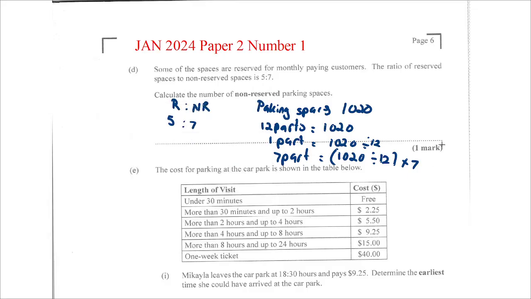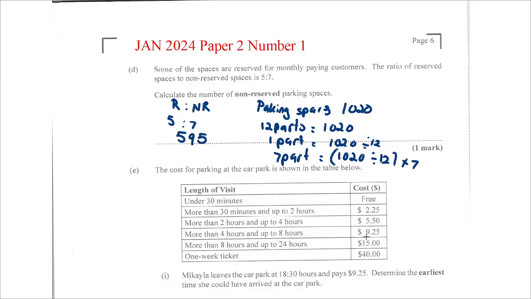So non-reserve is 595. Alright, let's look at E.